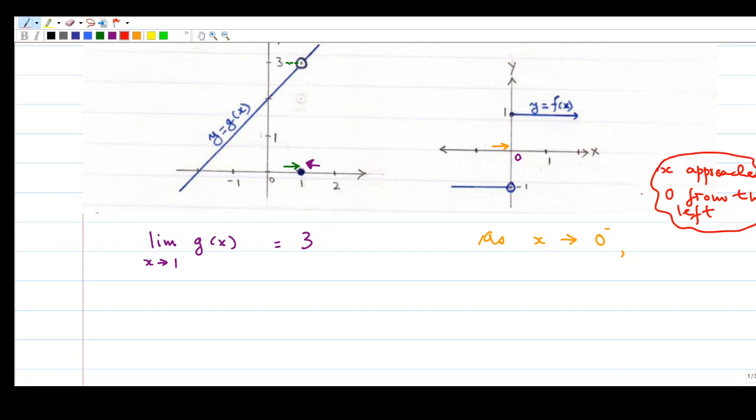So as x approaches 0 from the left, f of x approaches negative 1.